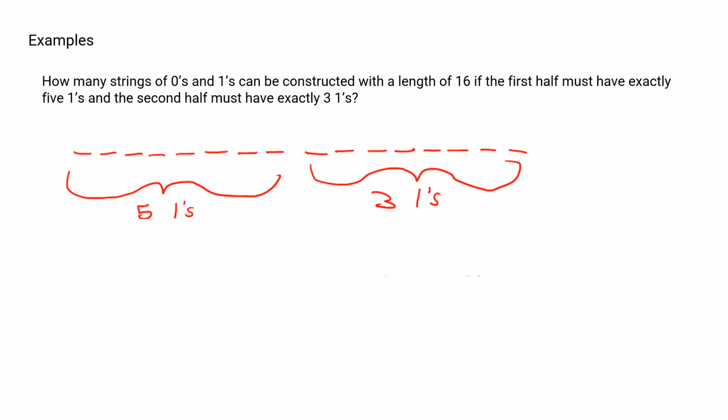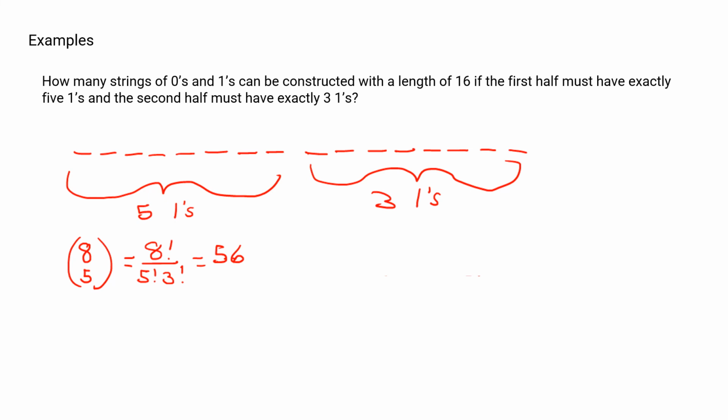There would be 8 slots in that first half, and 5 of them need to be ones. So it would be 8 choose 5, and I could find that answer. It ends up being 56. That's just for the first half, and we're going to have to do something with that later, but just hold that thought for a minute.